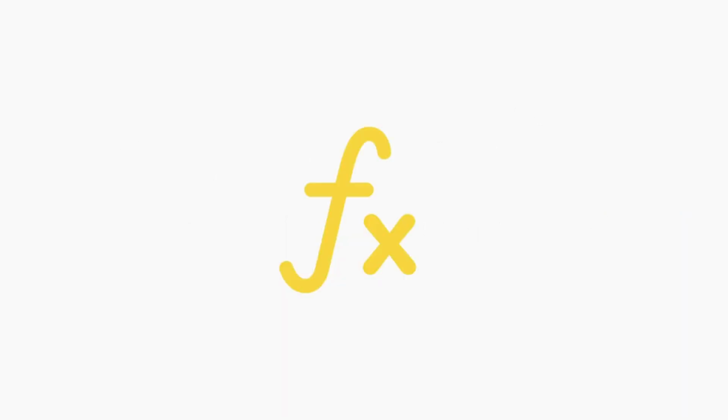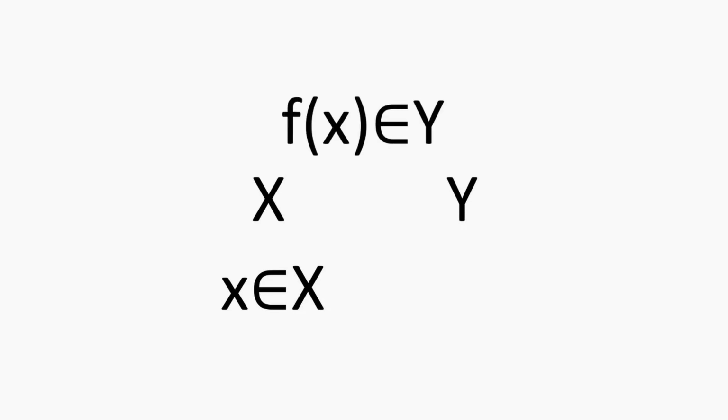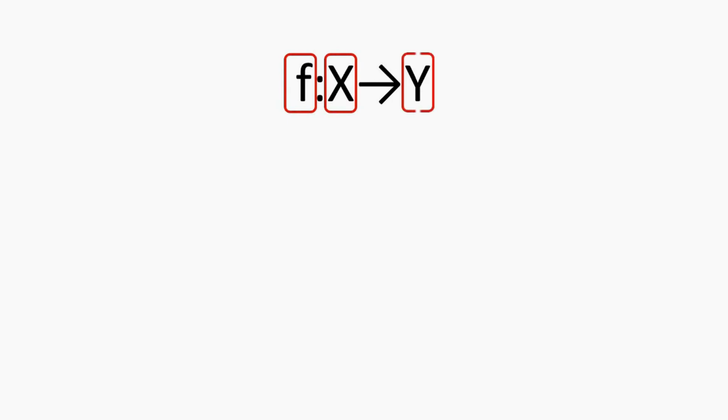The next concept is the relation that associates each element, or in other words, a function. For example, we have X and Y. The function f maps each element x, where x is an element of X, to the element f of x, where f of x is an element of Y. Symbolically, the map is written like this: f from X to Y. Simply, the set X has a function f that takes values from the set Y. This is how the cipher works.